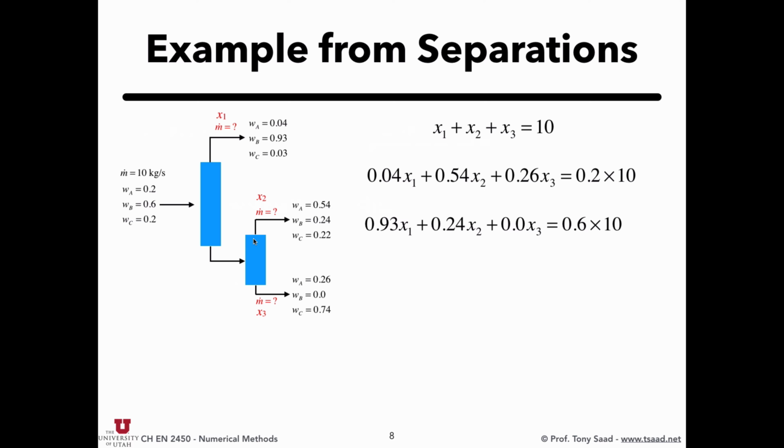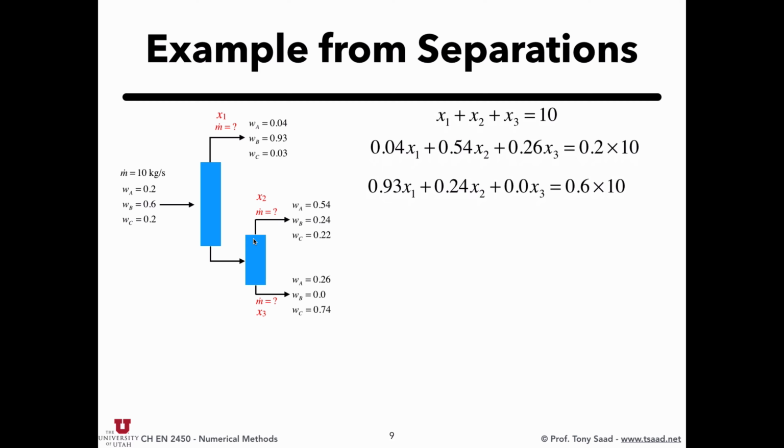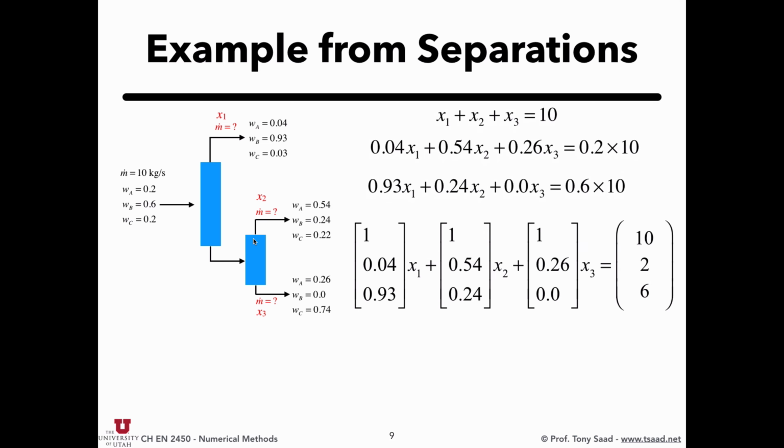Okay, now we're going to take these equations together, and we're going to make one step to simplify the presentation of this system. If you remember your linear algebra classes, I'm going to put all the coefficients of x1 together, all the coefficients of x2 together, and all the coefficients of x3 together, and write it in this form. 1x1 plus 1x2 plus 1x3 equals 10, if you notice, the first row.